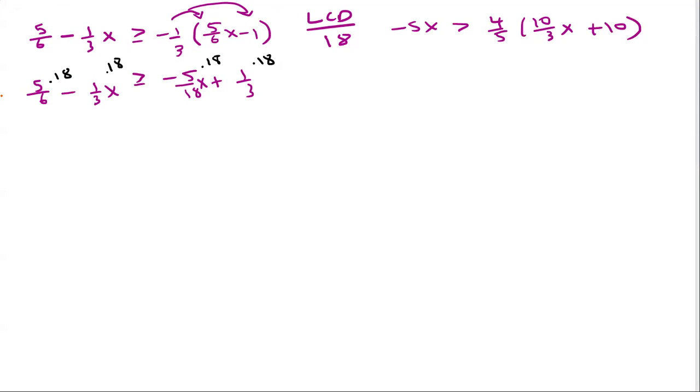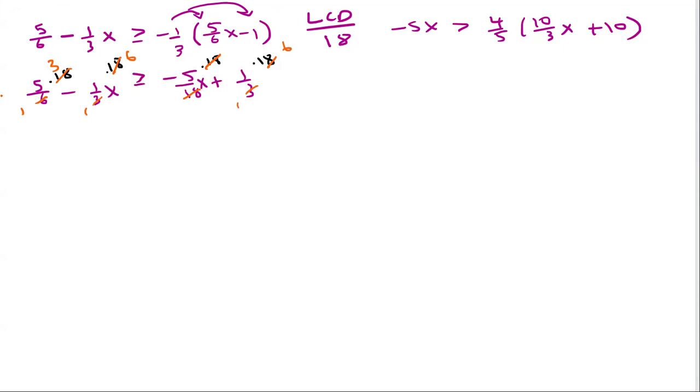18 divided by 6, that's going to give us 3. Or 6 can go into 18 three times, right? 6 can go into 6 one time. 3 can go into 3 one time. 3 can go into 18 six times. Okay, this will cancel. And then same thing here, one time, 6 times.